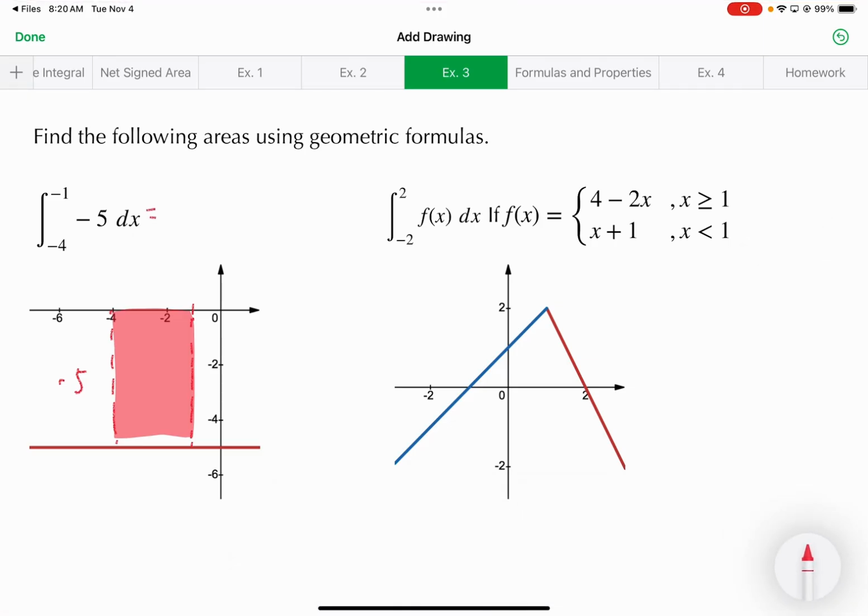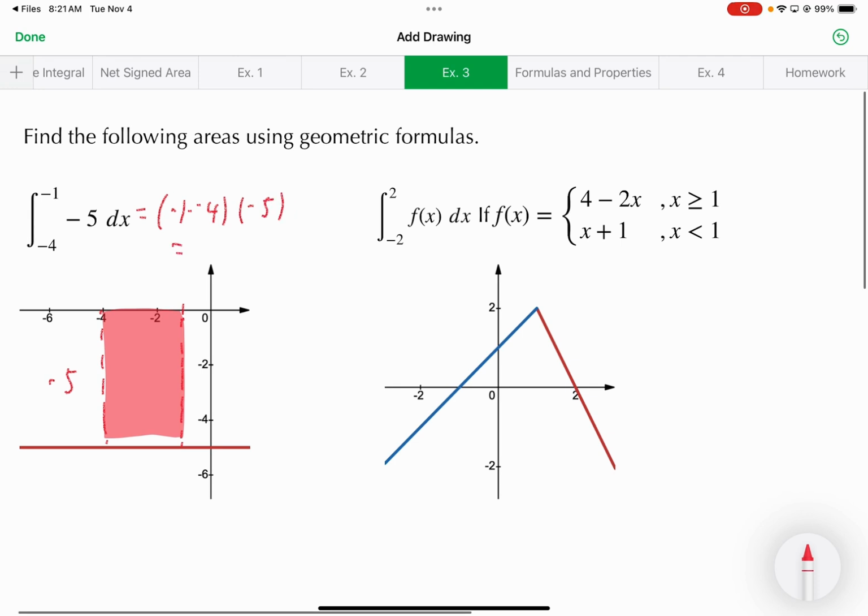So we're just going to do base times height. Our base would be -1 minus -4, and then our height is going to be -5. So -1 minus -4 is going to give me 3 times -5. Gives me an area of -15 units squared. So maybe we didn't see a totally negative area, but there it is.